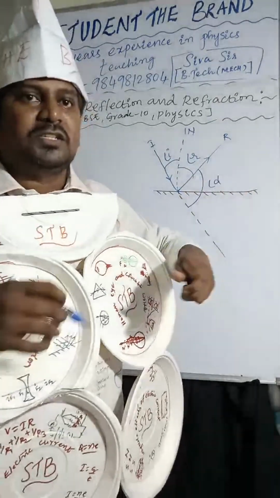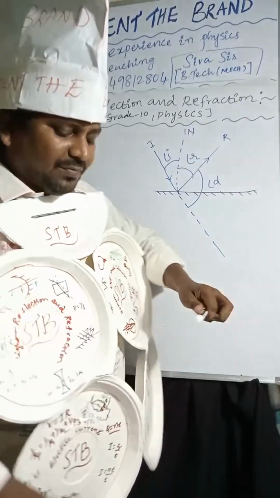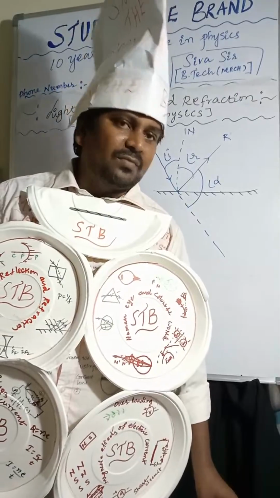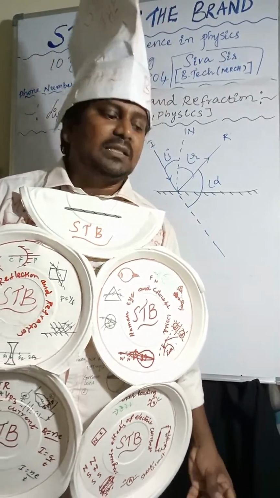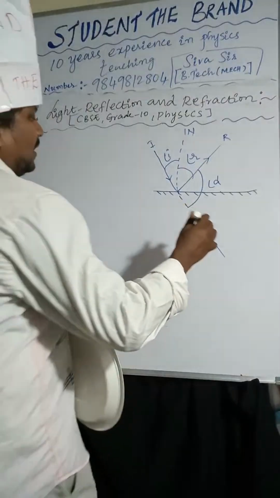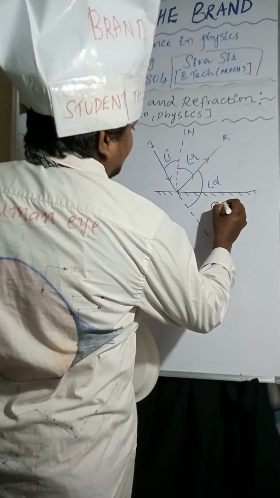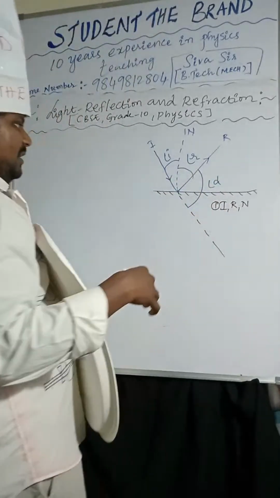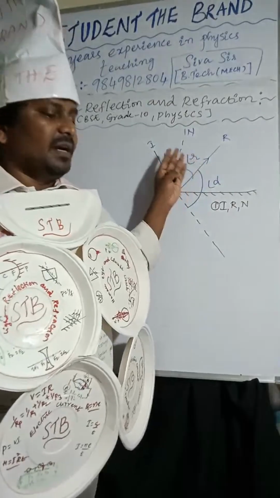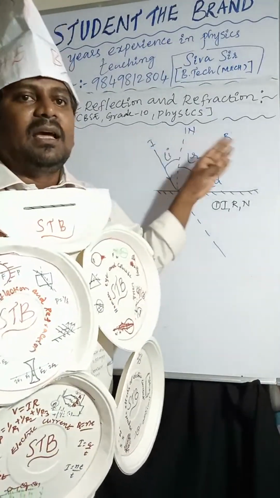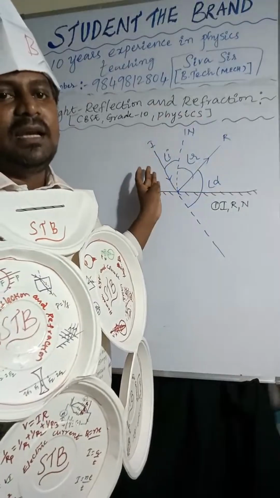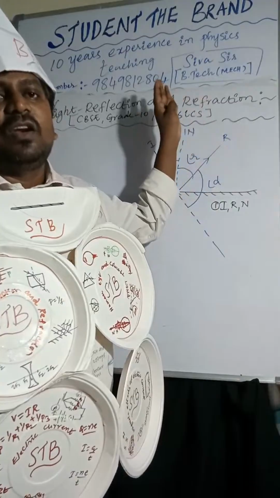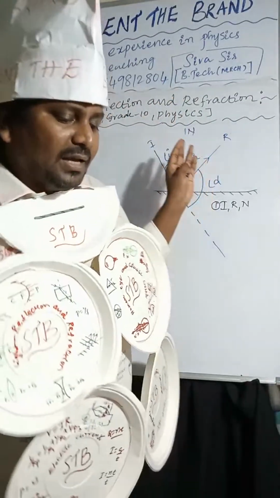From the laws of reflection: first, the incident ray, reflected ray and normal line lie on the same plane.